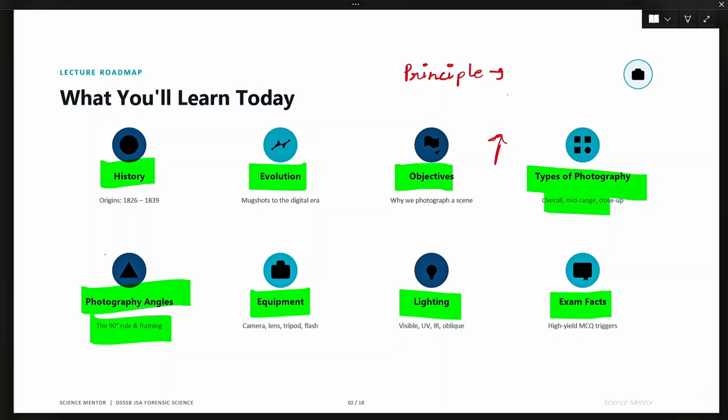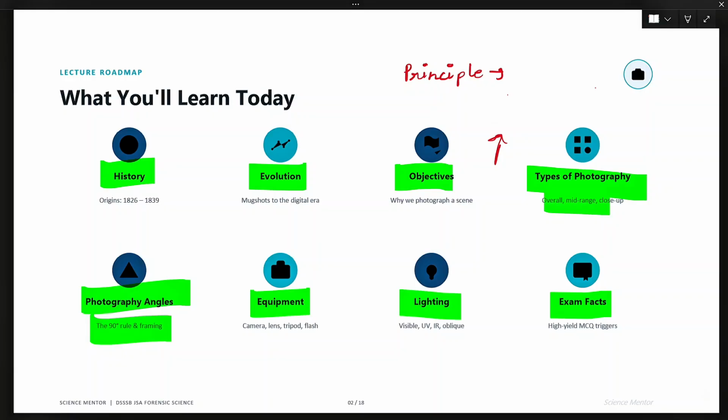Let's move to another blank slide. Let me explain orally without writing it. Five questions before taking the photograph. Every forensic investigator should ask themselves: Has the entire crime scene been secured?